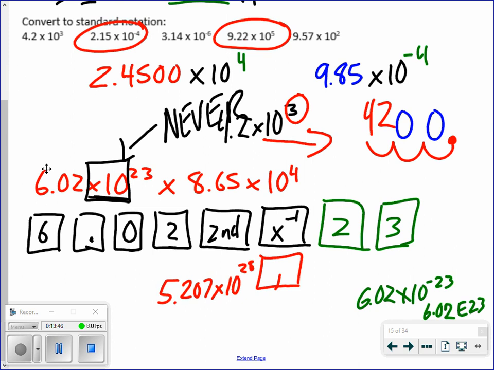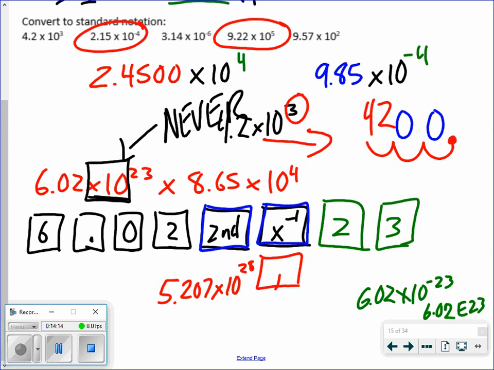Did anybody not get that? Got an error? Type it in again, starting from scratch. 6.02, second, x to the negative 1, 23, times 8.65, second, x to the negative 1, and then 4.